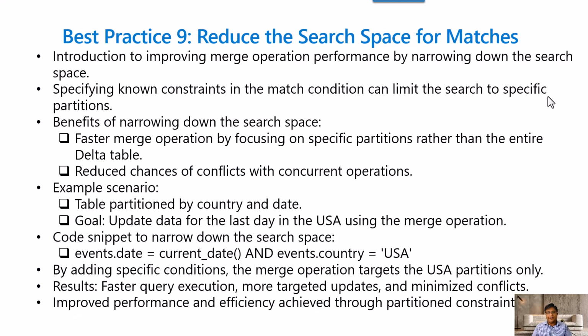Best practice number 9, reducing the search space for matches. We can improve the merge operation performance by narrowing down the search space. So let's take an example. Suppose you want to fire a query and use the merge operation, and this is a query: event.date = current date and event.country = USA.